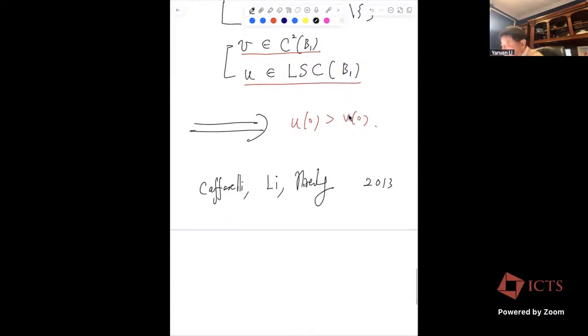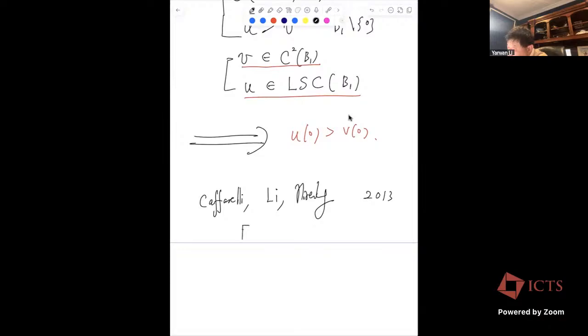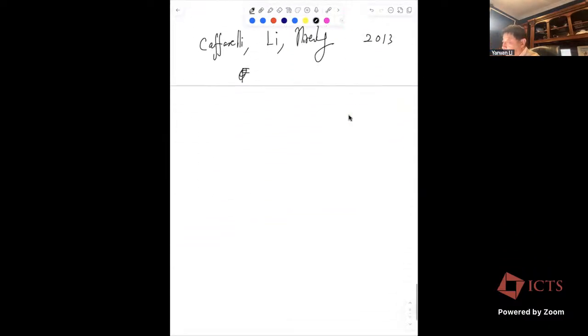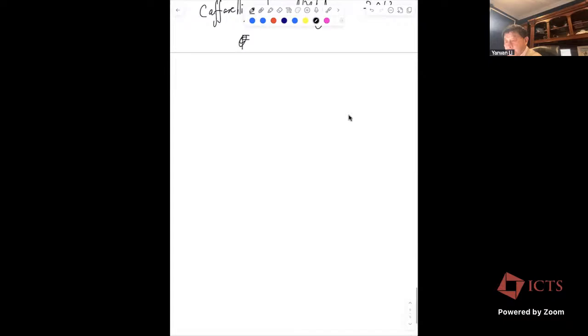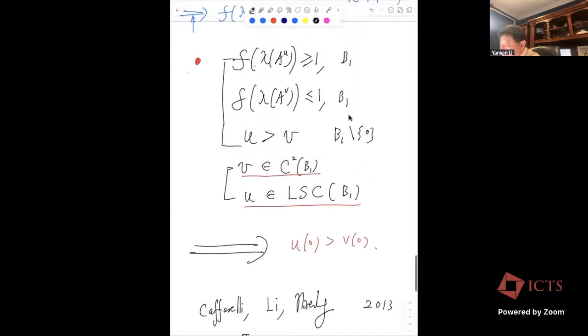That's for uniformly elliptic operators. So the proof can be adapted to prove our setting. So I think maybe I will discuss such an ingredient today. I will follow that paper with Caffarelli and Nirenberg.